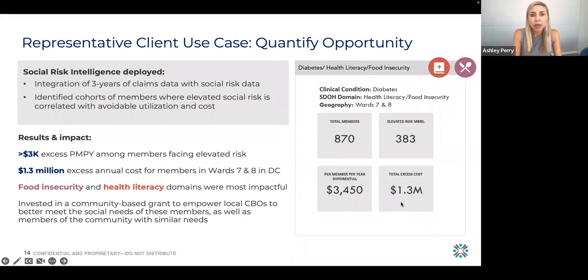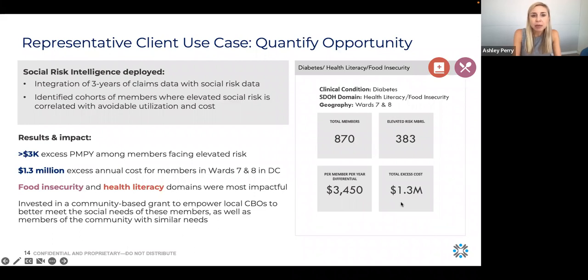And yet, we know that there are programs in place within that community that can help meet those needs and start to tackle some of that addressable risk. And so to that end, armed with this information, the Care First team made the decision to invest in some community-based organizations through a grant program that was empowering those local CBOs who were already embedded in the community and already doing that work to be able to better meet the social needs of those members, as well as similar members within that broader community.